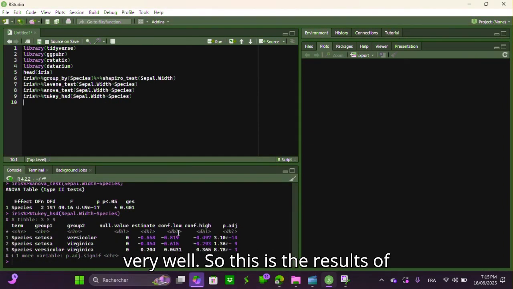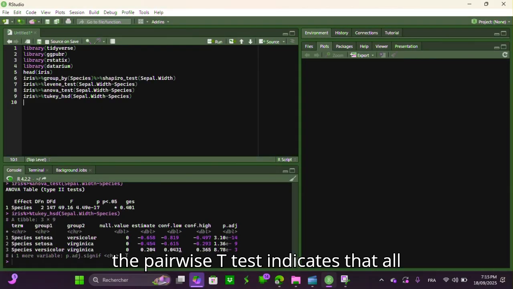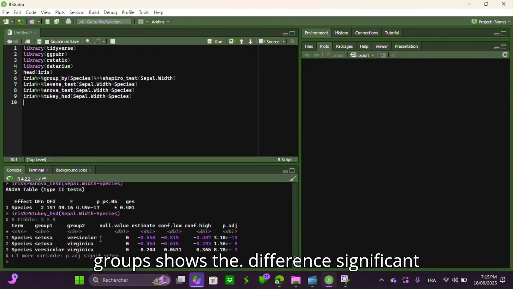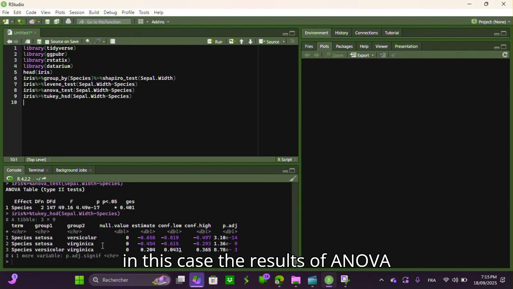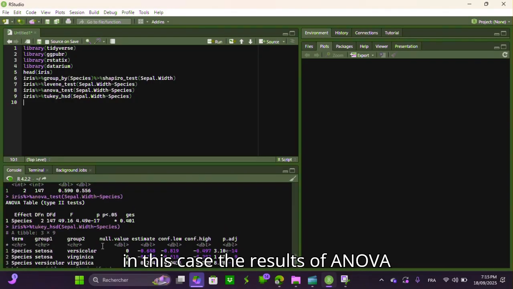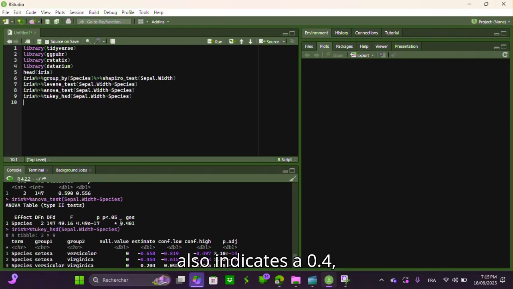So the results of the pairwise test indicate that all groups show a significant difference between means. In this case, the results of ANOVA also indicate 0.4, which corresponds to the effect size.